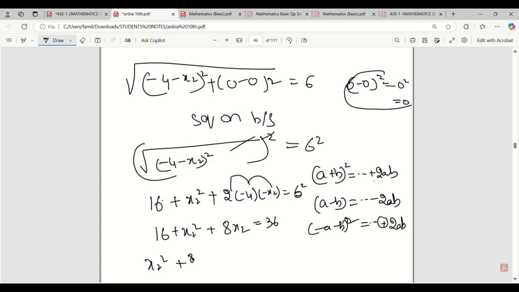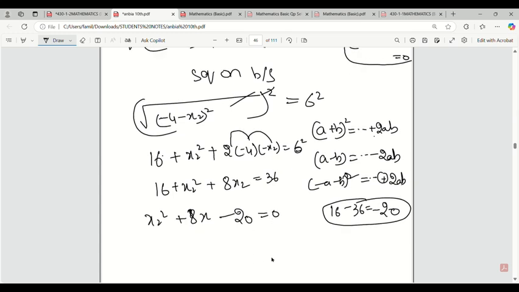So x2 square plus 8x2, 36 on the either side, 16 minus 36 will give you minus 20. Minus 20 you will get is equals to 0.